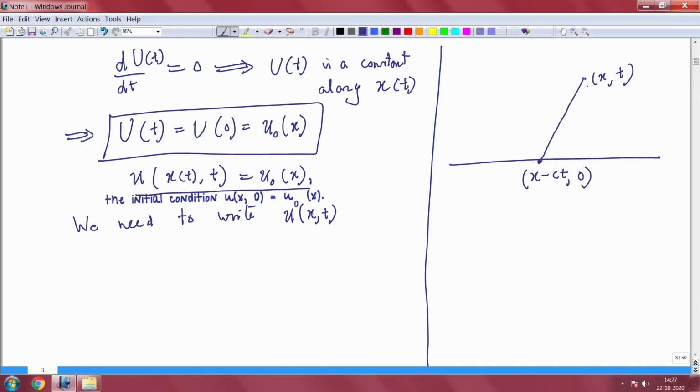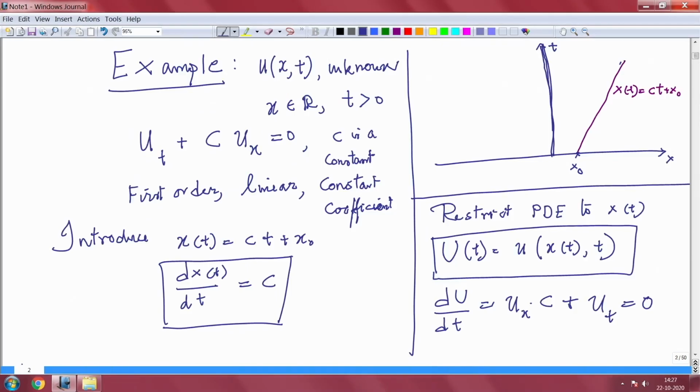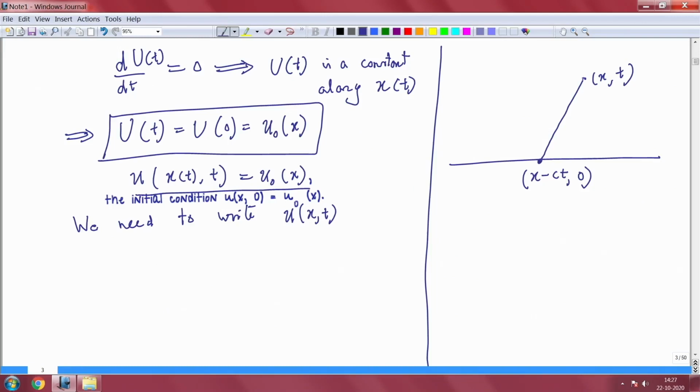In the previous case, you were drawing straight lines along all the points of the initial line. But in the next step, you are taking an (x, t) and drawing backward. So, it is a kind of inverse process. That inverse process is what makes our method of characteristics a little complicated.